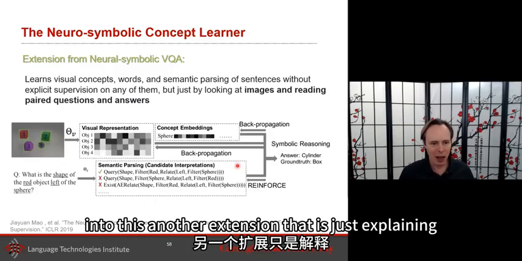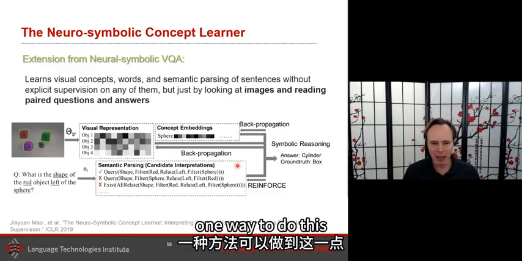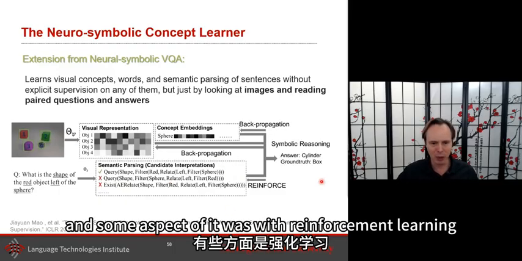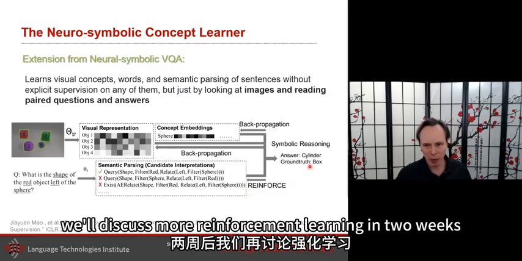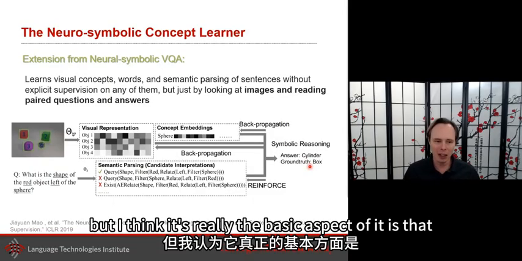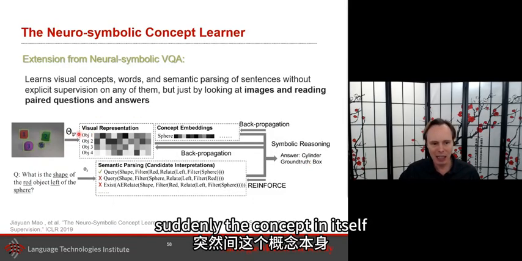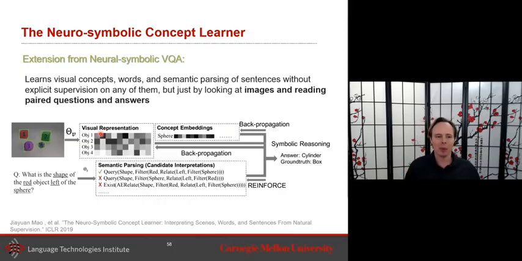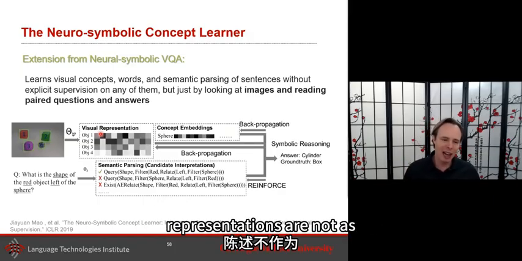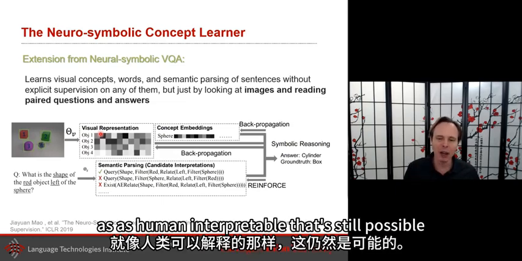Another extension, just explaining one way to do this, was with reinforcement learning. So I'm pointing to that. We'll discuss more reinforcement learning in 2 weeks. But the basic aspect of it is that there's a small chance that those representations are not as human interpretable.